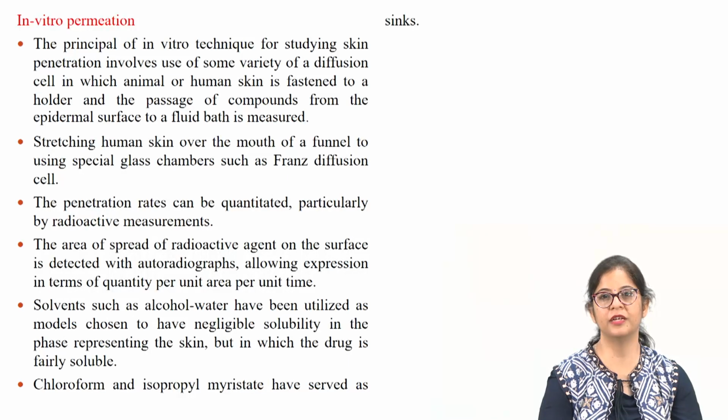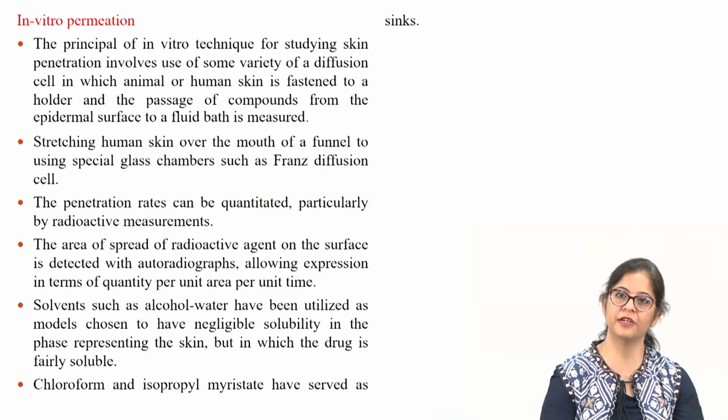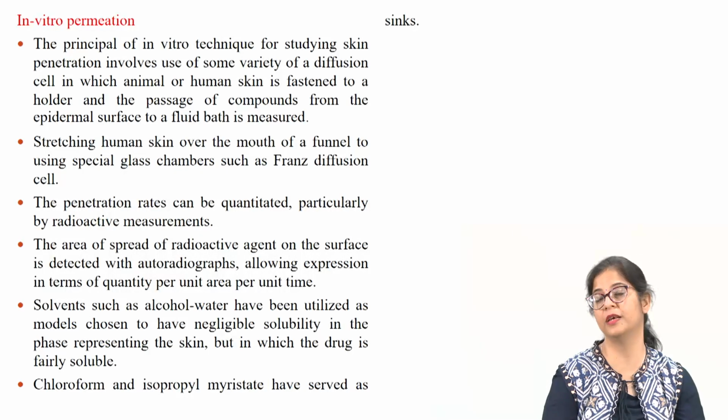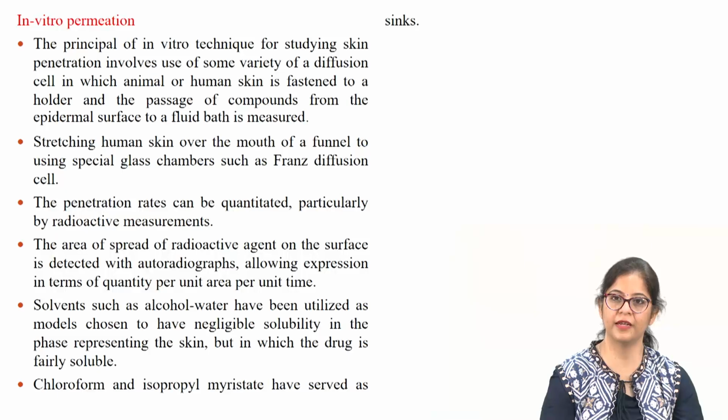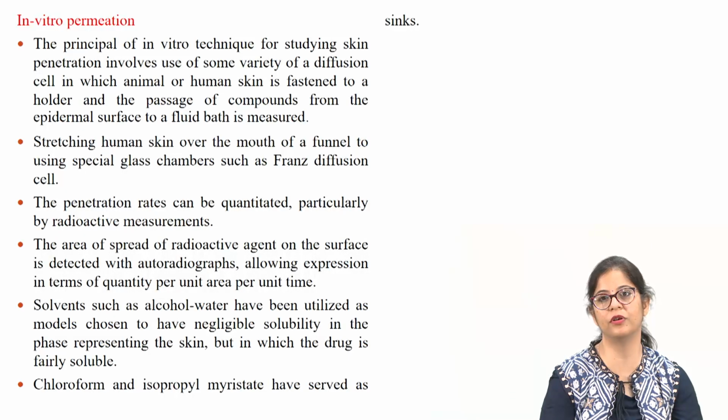The penetration rates can be quantified particularly by radioactive measurements or by measuring the amount of drug which has crossed the semi-permeable membrane or the tissue. The area of spread of the agent on the surface is detected with autoradiographs, allowing expression in terms of quantity per unit area per unit time.